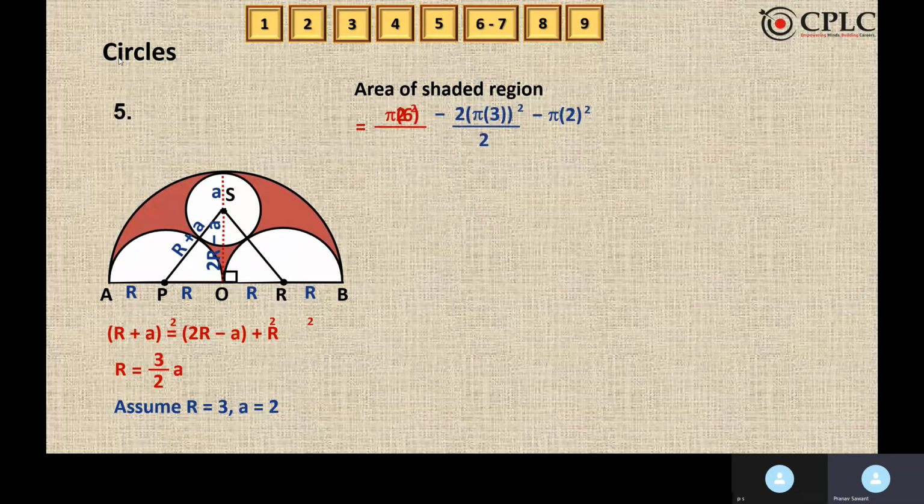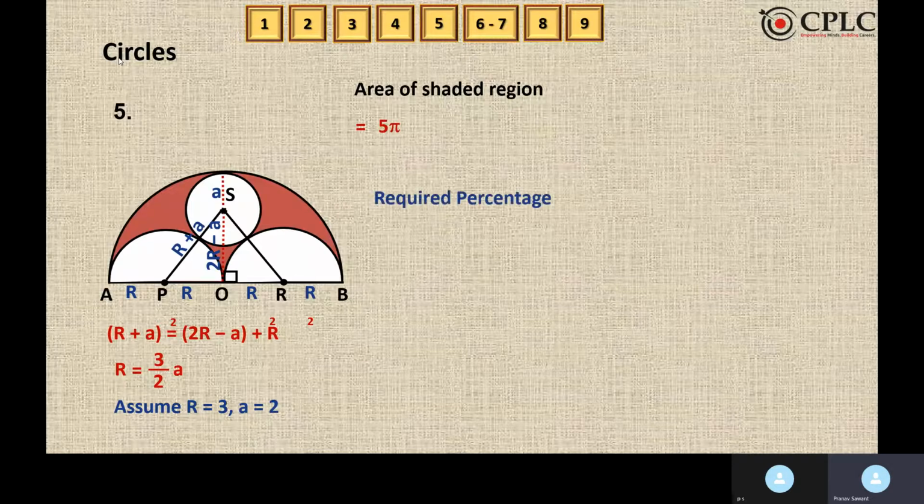After substituting the values and putting in the formula, we'll get the area of shaded region as 5 pi. Required percentage is going to be 5 pi upon pi into 36 by 2. After solving this, we'll get 5 by 18, and 5 by 18 into 100 will give us 28%.